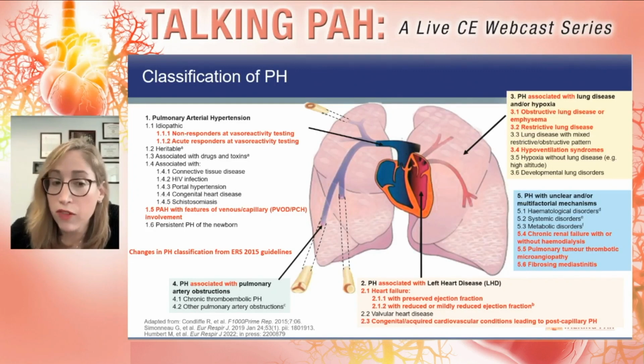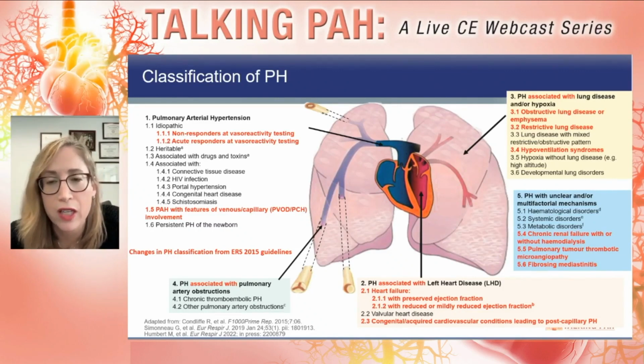We still have five groups: group 1, which is PAH; group 2, which is PH from left heart disease; 3, lung disease; 4, associated with PA obstructions; and 5, multifactorial mechanisms. What was tweaked was that idiopathic became non-responders or acute responders for vasoreactivity testing. And we combined pulmonary venous and capillary involvement. In PH left heart disease, we made a preserved EF, and what here says mildly reduced EF or reduced.